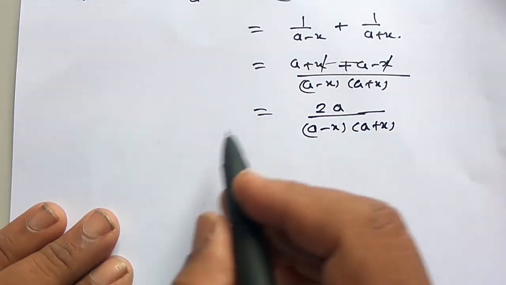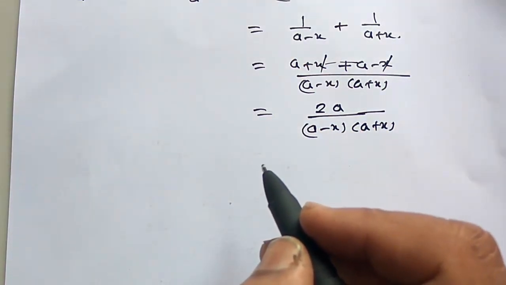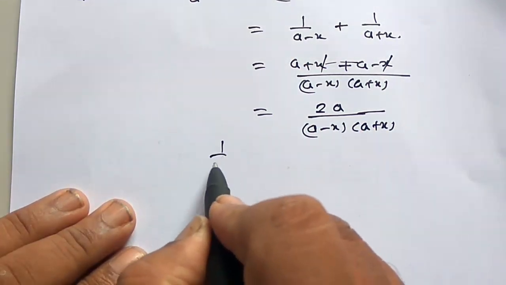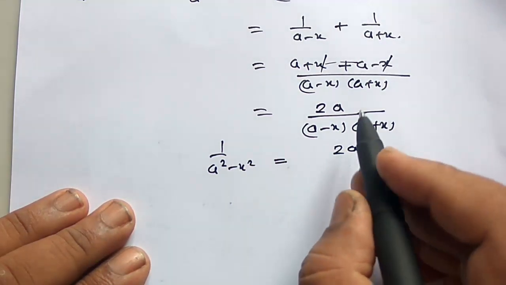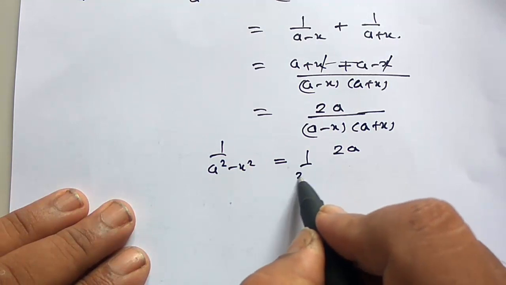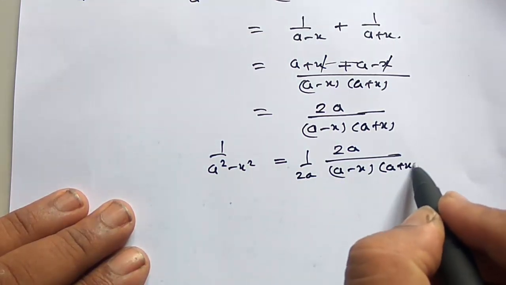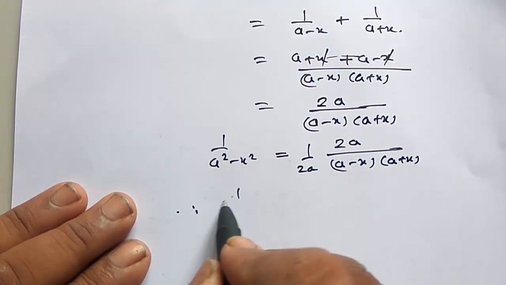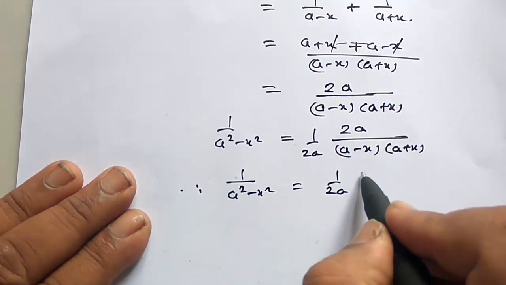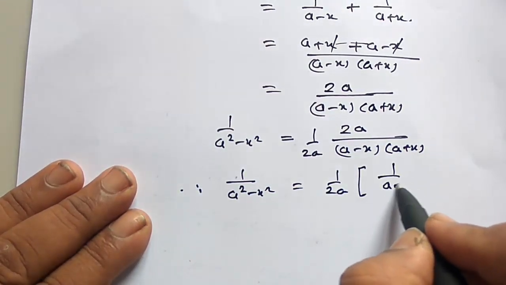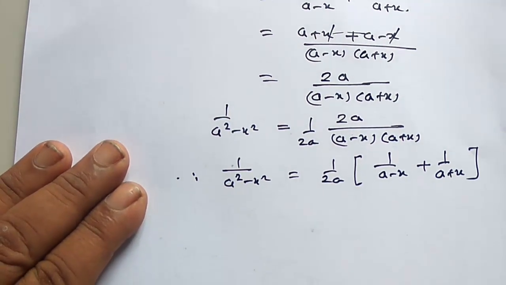Therefore 1 upon a square minus x square is equal to, here we divide by twice a, twice a upon a minus x into a plus x, and therefore 1 upon a square minus x square is 1 upon twice a bracket 1 upon a minus x plus 1 upon a plus x.